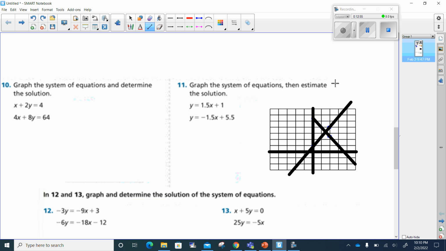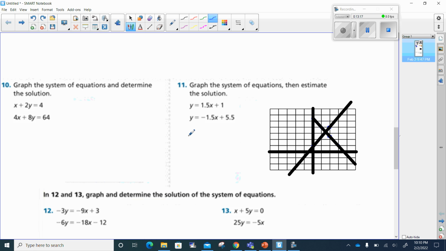So where is our point of intersection approximately? If I look at this, I see they're crossing through right here. That tells me, let's see, 1, 2, that's about 1.5 and 3, right? About 1.5 and 3.